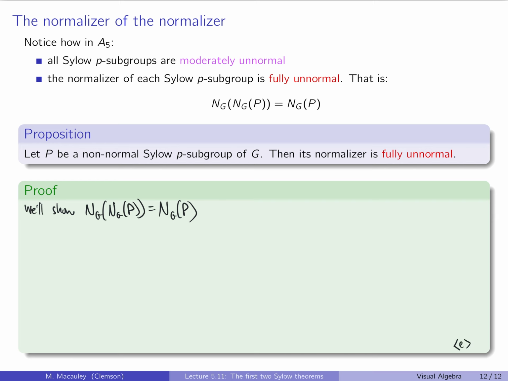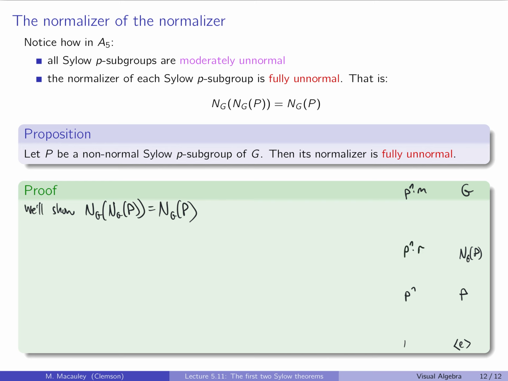Here is P. Here is the normalizer of P. And here is G. So G has order p to the n times m. P is order p to the n. This is order 1. And the normalizer has order p to the n times r.